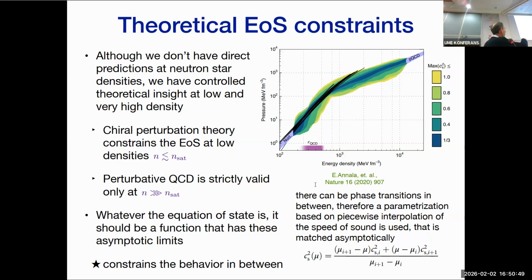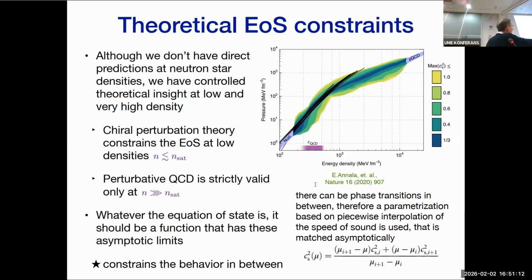And if you do this, and if you then take different, say piecewise, parametrizations of the equation of state, where you take into account that the speed of sound cannot be bigger than 1, they can get a bound, right? Because you cannot have arbitrary abrupt changes.